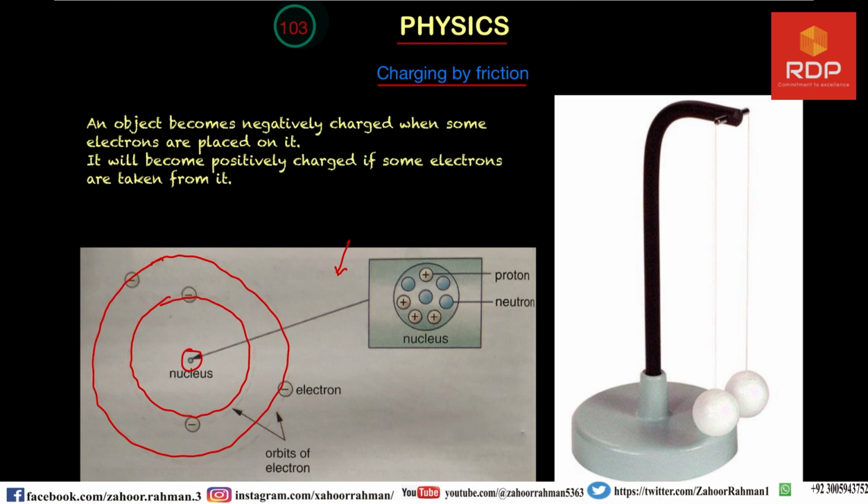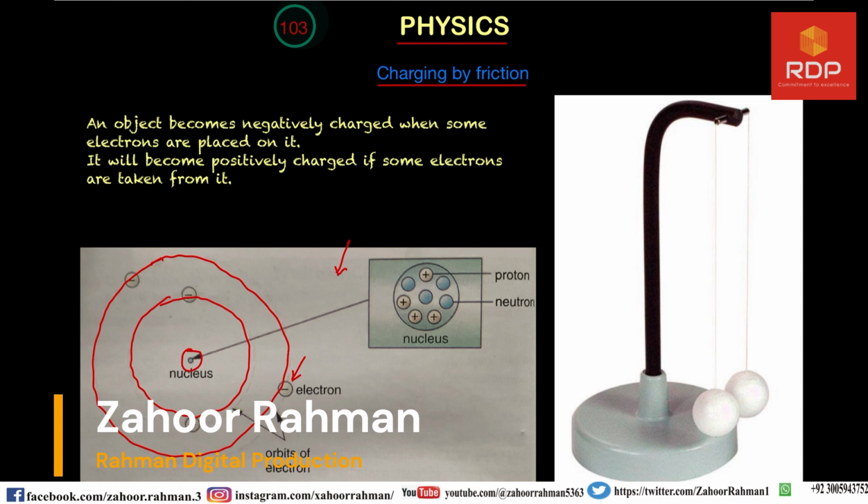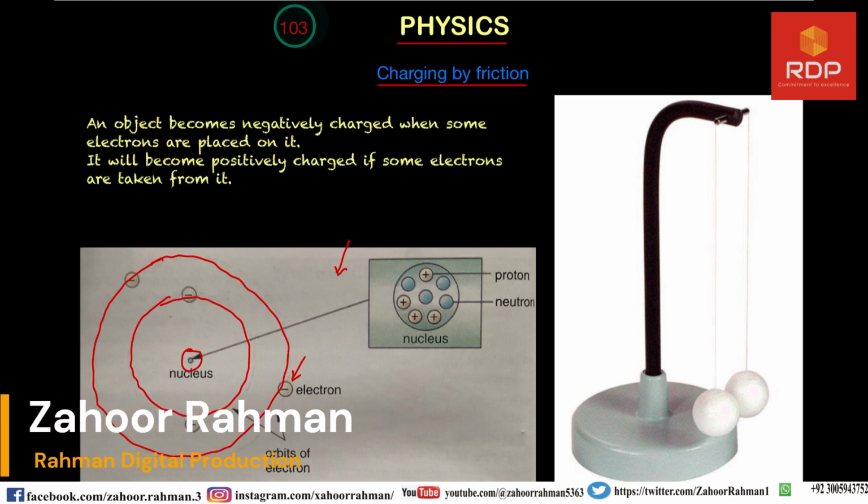So, there are negatively charged electrons orbiting around the positively charged nucleus. The nucleus consists of the protons, which are positively charged particles, and neutrons, which are neutral particles. So, this is an atomic model of beryllium.